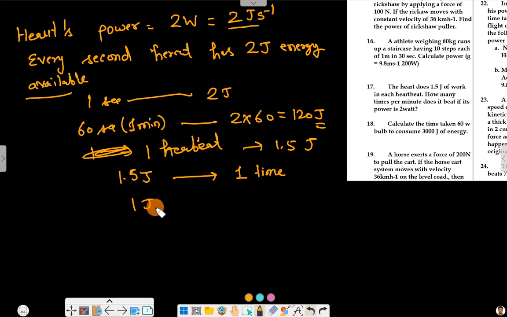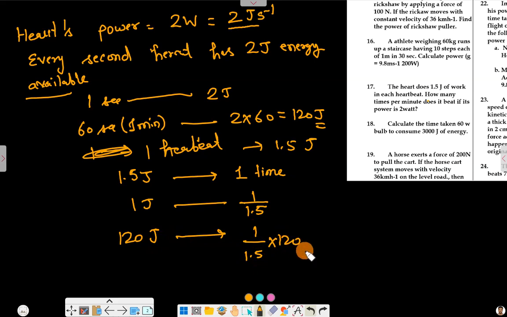So in 1 joule the heart beats 1 by 1.5 times, and in a minute we have 120 joule of energy. So in 120 joule the heart beats 1 by 1.5 into 120. Solving it further, 10 by 15 into 120 gives 80.